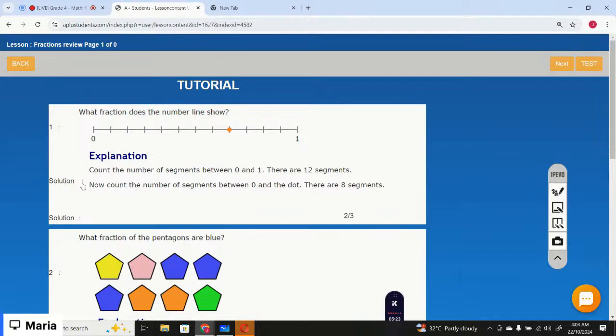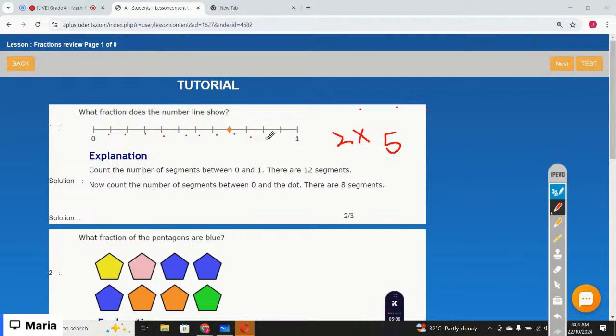What fraction does the number line show? There are 12 segments.